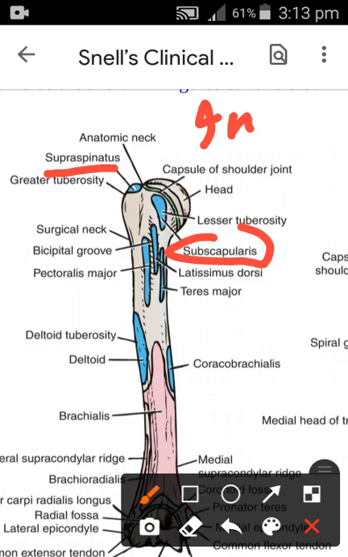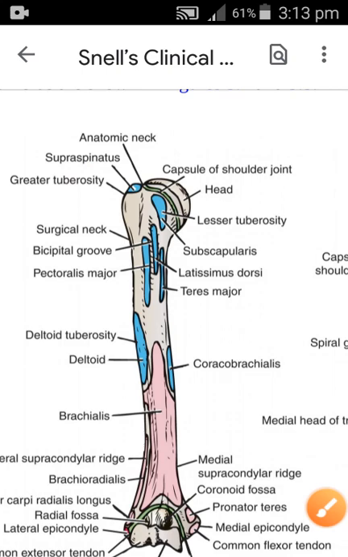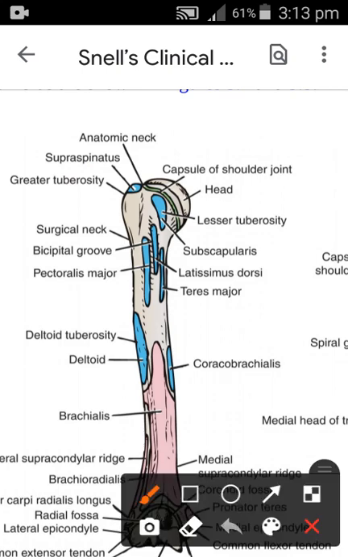One is the latissimus dorsi, which is inserted on the bicipital groove. This is the latissimus dorsi. Then the pectoralis major, which is attached on the lateral side. This is the pectoralis major on the lateral side, while on the medial side, teres major is attached.